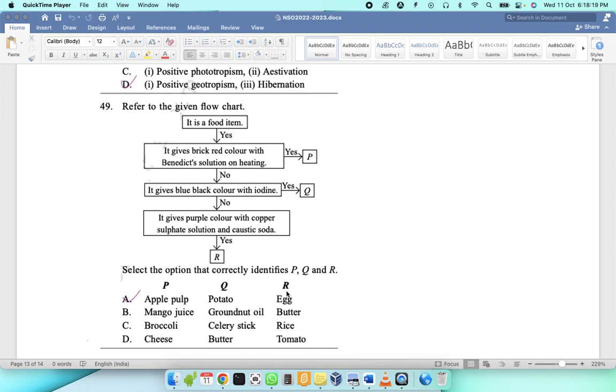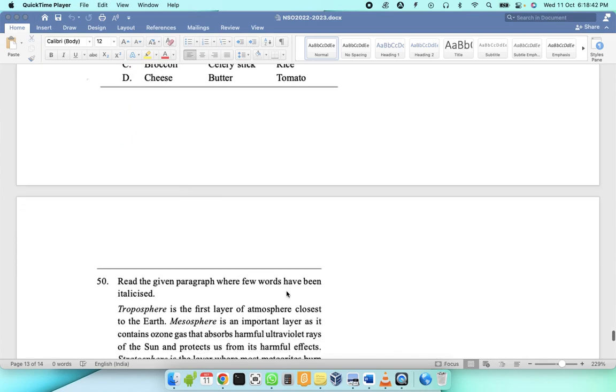Potato is high in starch, but groundnut oil is rich in fats. It gives purple color with copper sulfate solution and caustic soda. We know that this happens when it reacts with something high in protein. So R could be egg.